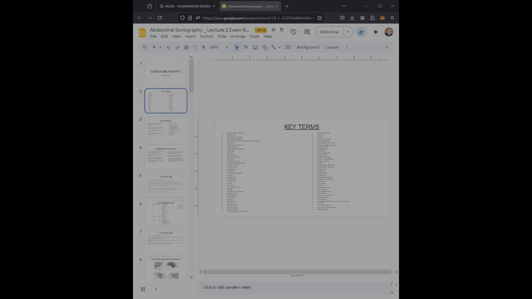Situs inversus, a condition in which organs of the abdomen and chest are on opposite sides of the body. So an example of this would be the liver is within the left upper quadrant instead of the right upper quadrant.